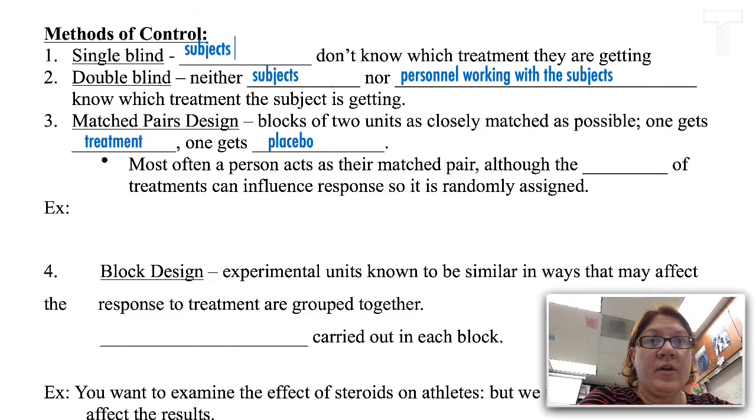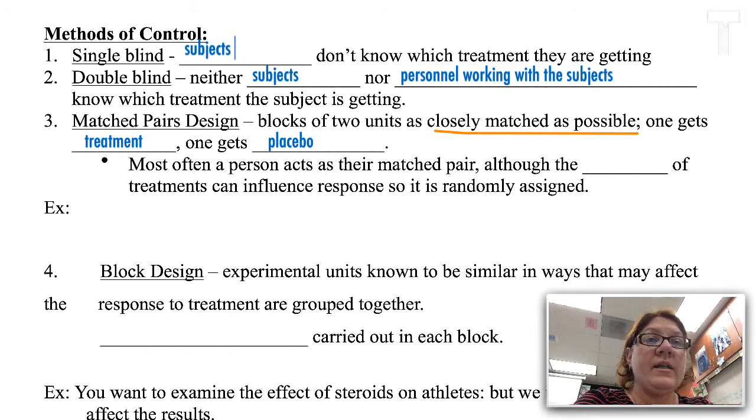Another method for control is called a matched pairs design. And so I literally take two people, a pair, and I try to make sure that they are very, very similar in terms of their characteristics. It would be like if I could find an identical twin for them, and then one of those people in the pair gets the treatment and one gets the placebo.